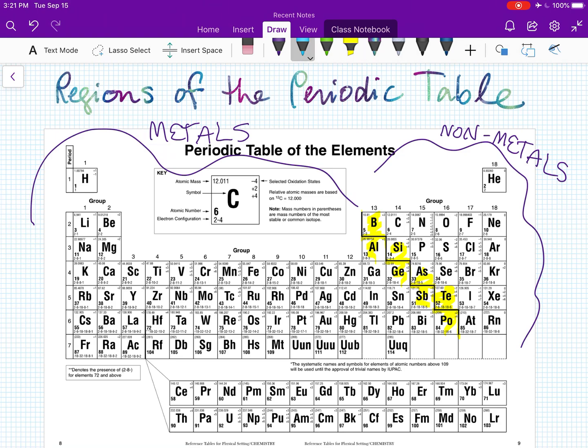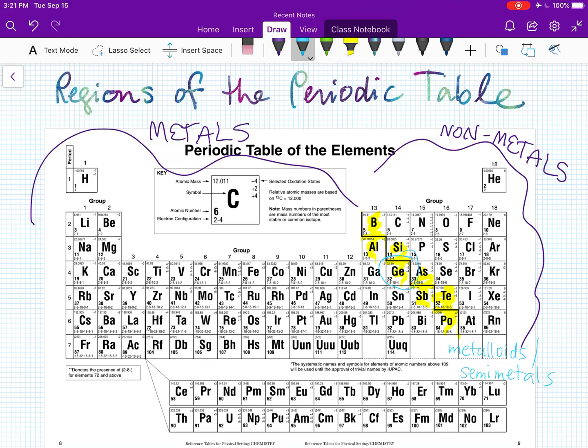The way that you spell that is M-E-T-A-L-L-O-I-D-S, metalloids, or semimetals. Those are elements that touch the diagonal staircase, and they have in-between properties, in between metals and nonmetals. For example, you can see germanium can form cations as well as anions.